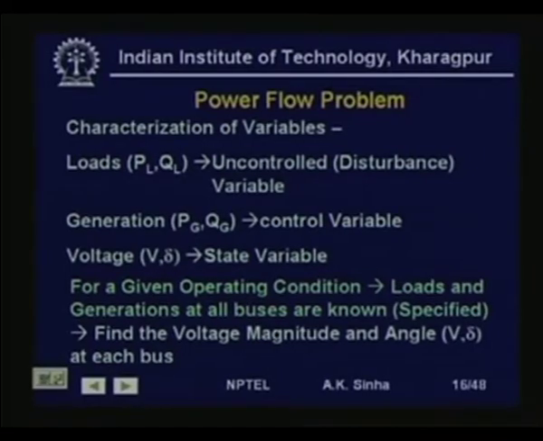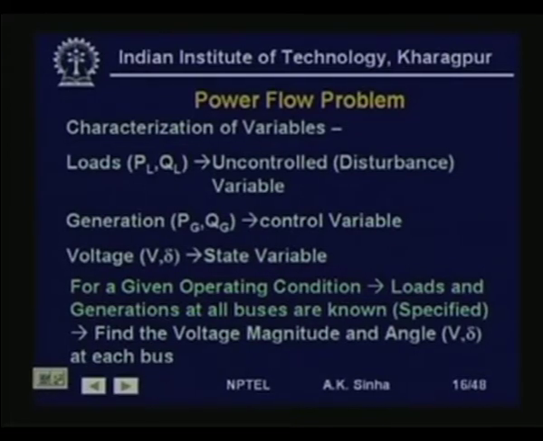Now, we will go into the power flow problem itself. Now, let us see what we have. We have loads PL and QL which are uncontrolled or disturbance variables, because loads are not controlled by us, they are controlled by the consumers.